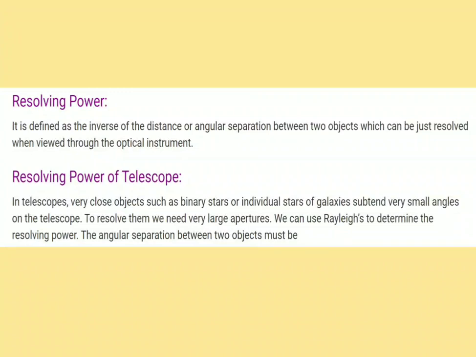Such objects subtend very small angles on the telescope. To resolve them we need very large apertures. We can use Rayleigh's criterion to determine the resolving power.